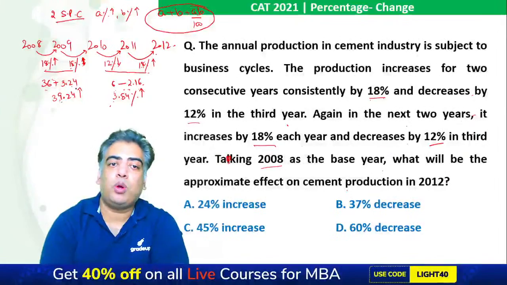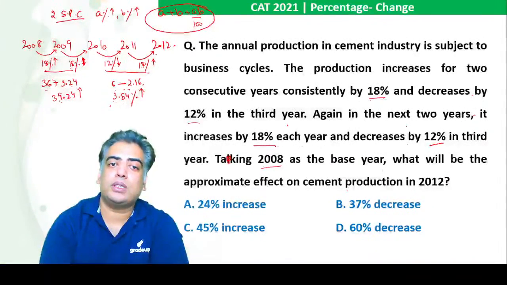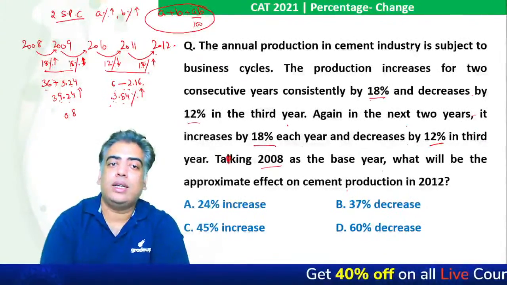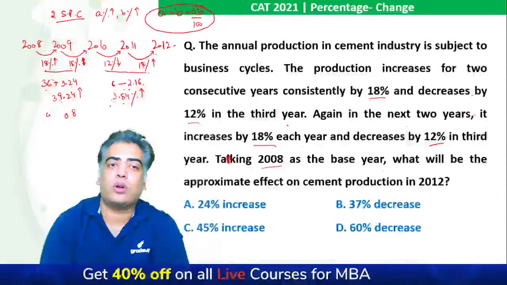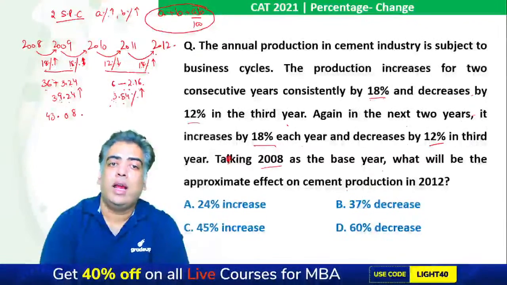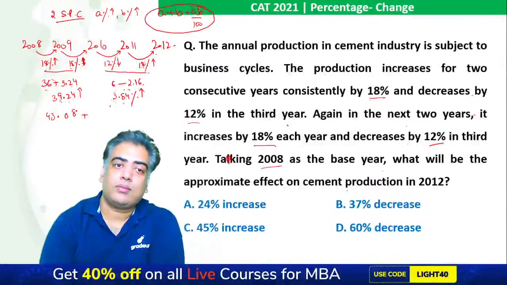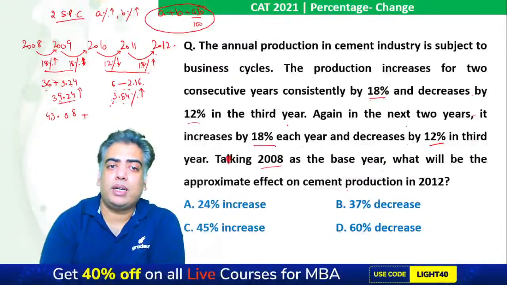So 39.24 and 3.84 adds up to 4 plus 4, 8, 2 plus 8, 10, 39 plus 1, 40 plus 3, 43.08. And plus it will be product of these two upon 100. So let's approximate it, right?